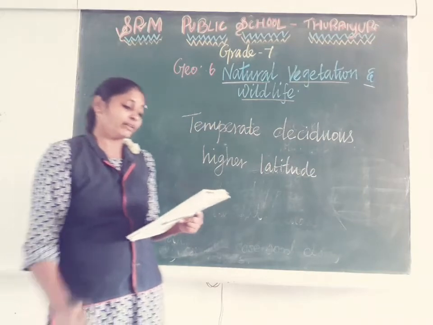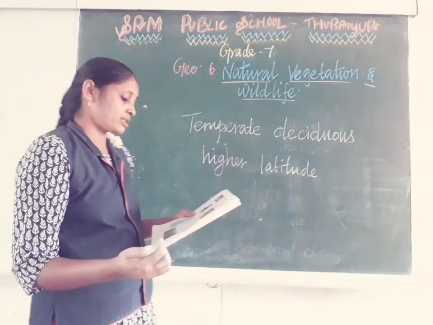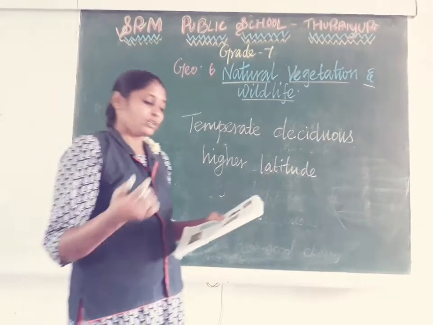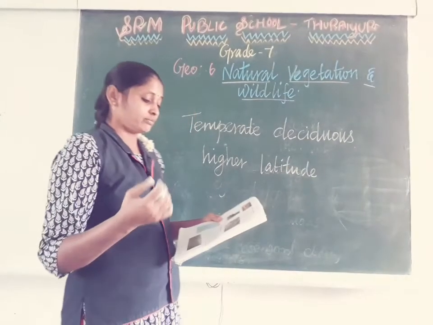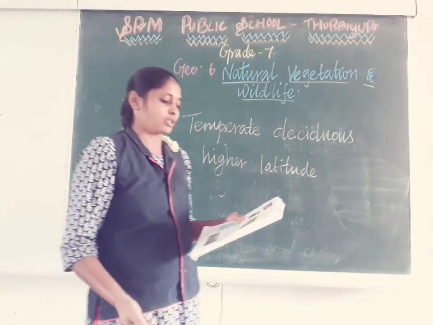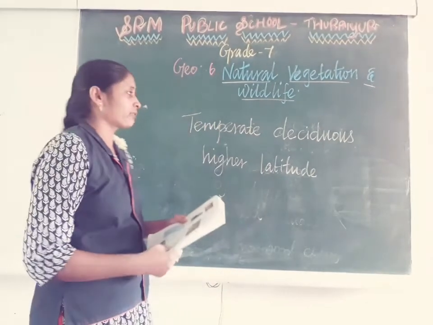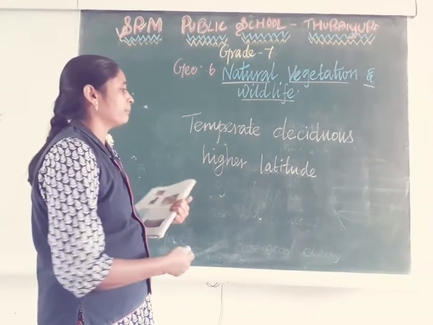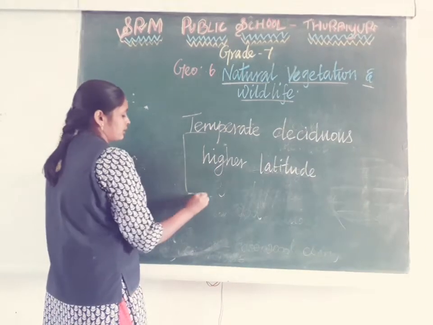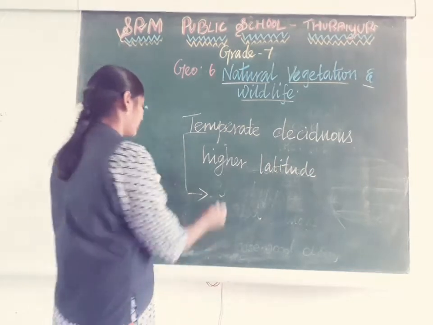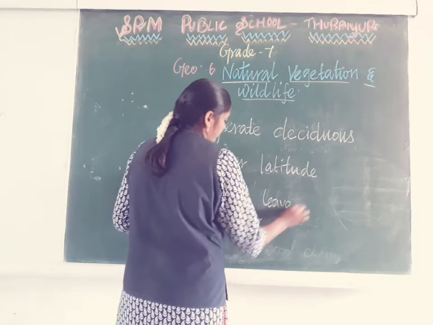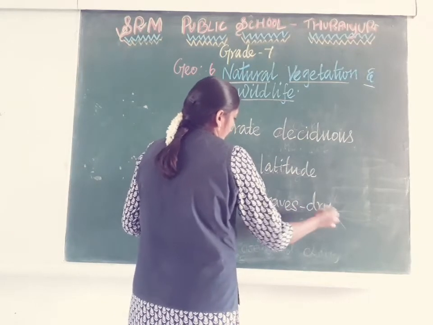Okay, so where we can see this forest means particularly the northeastern part of USA, China, New Zealand, Chile, and the coastal region of... during dry season to save water.